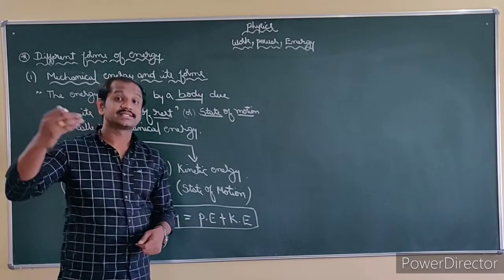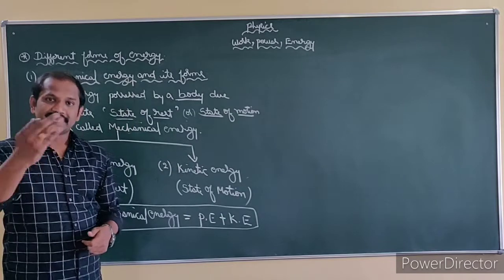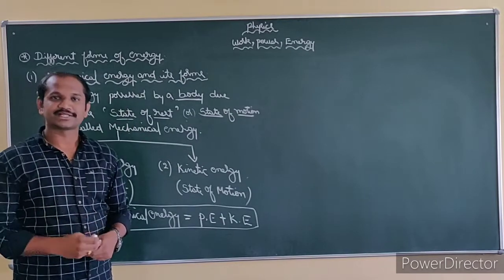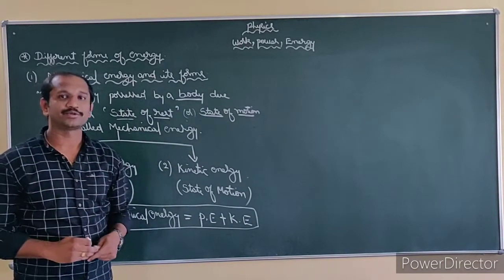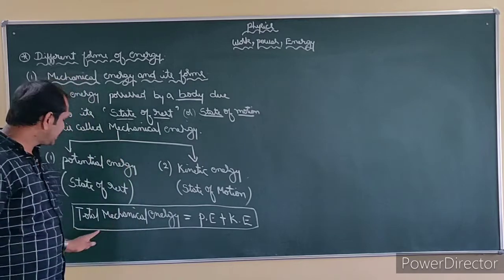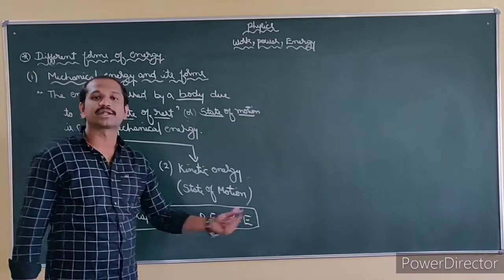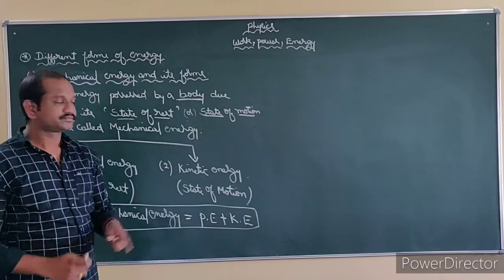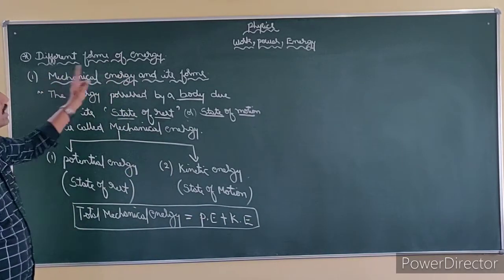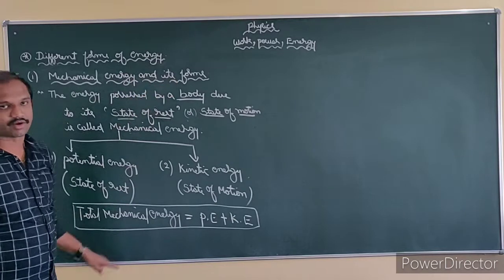So that explains the law of conservation of energy. Energy can neither be created nor destroyed, but it can transfer from one form to another. The same thing comes into picture in the case of total mechanical energy being the sum of potential plus kinetic. So I hope you have understood what is mechanical energy and its forms.